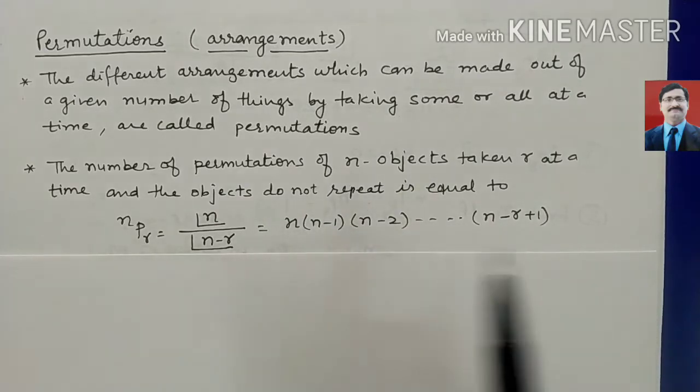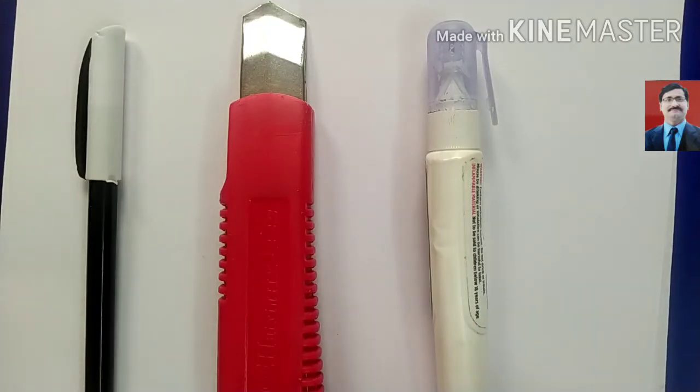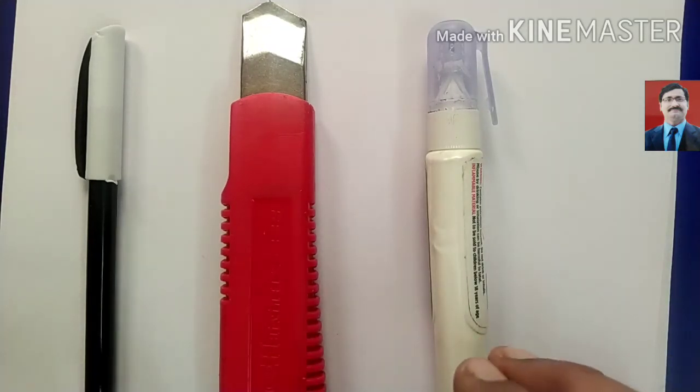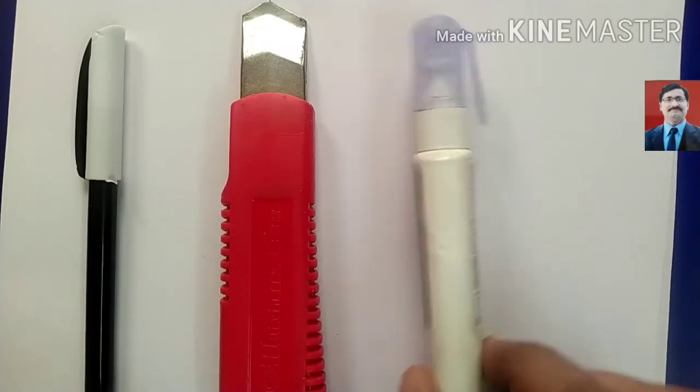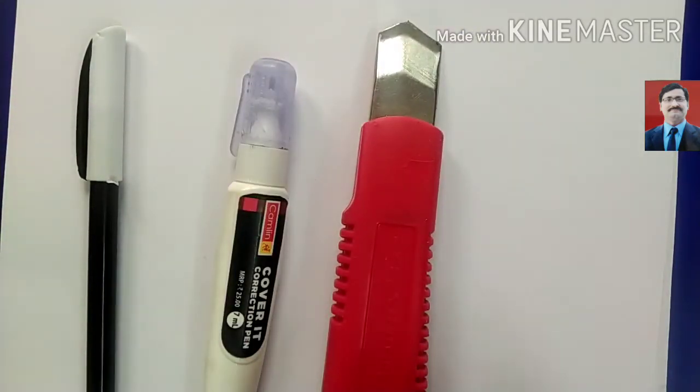So we will do some questions so that you understand. Look here, we will do a practical. We have three objects: pen, cutter and whitener, and we have to arrange them. The first order is pen first, then cutter, then whitener. If we change the places of cutter and whitener, we get the second arrangement.